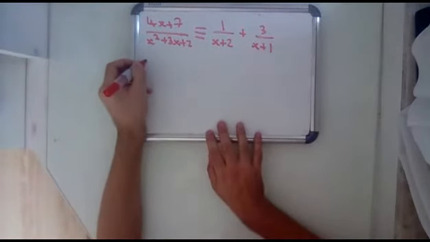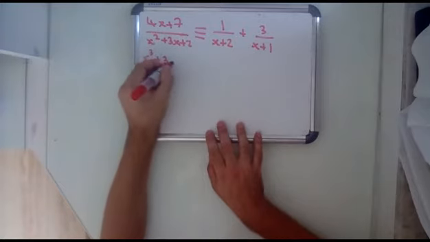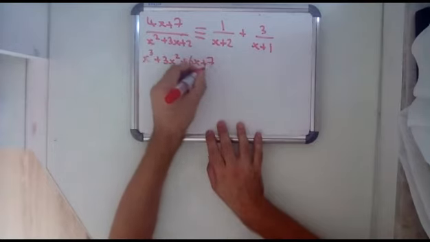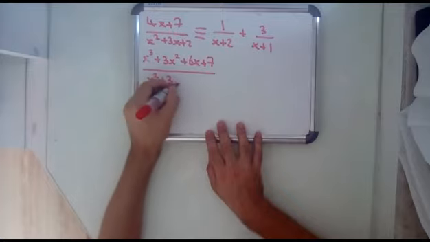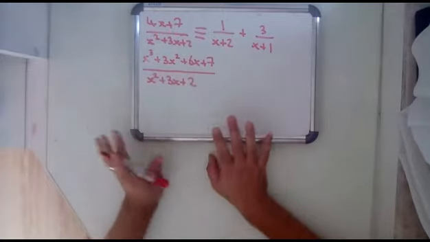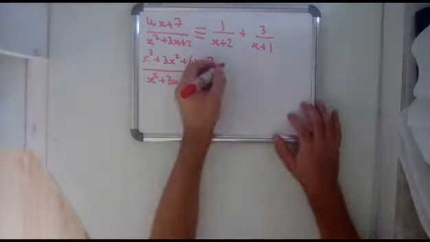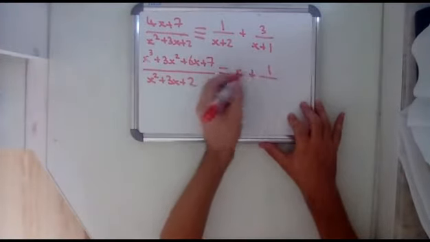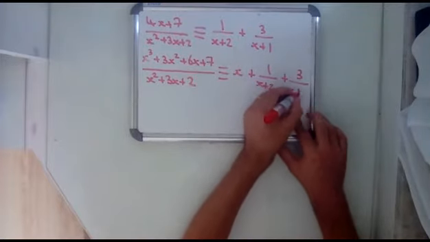Which means finally that, remember, the initial expression was (x³ + 3x² + 6x + 7) over (x² + 3x + 2). When we did the division, that was x plus (4x + 7) over (x² + 3x + 2). So this is identical to x + 1 over (x + 2) + 3 over (x + 1).